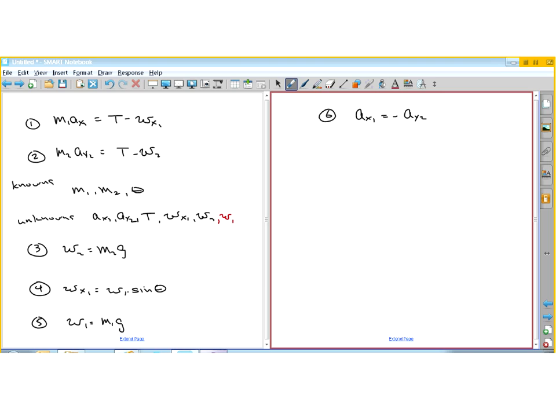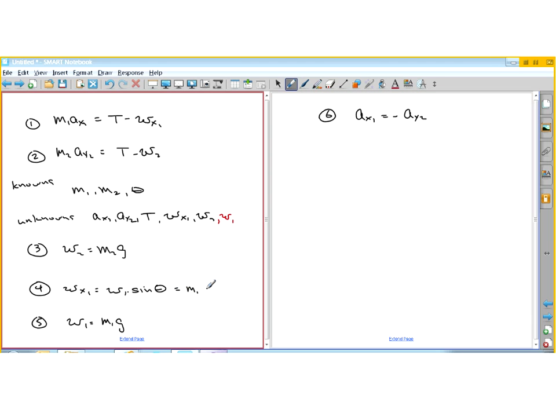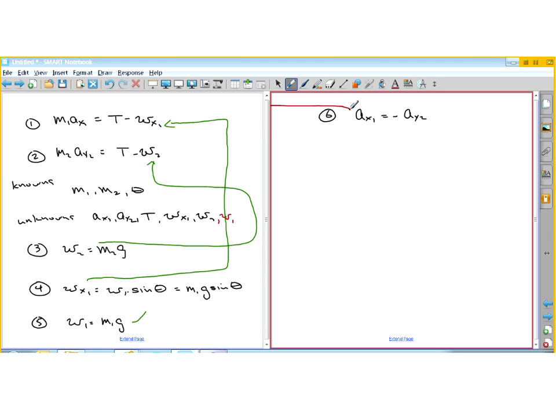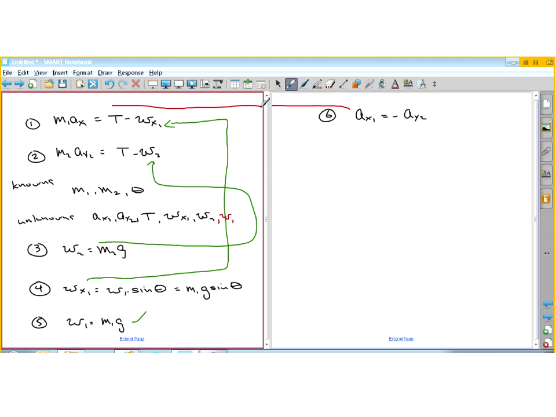So we can substitute that one in there. So that'll become m1 g sine of theta. We can substitute that into there. So let's draw some arrows here. So this one will go there. This one will go there. We already used that one when we went this way. And then this one will go there.